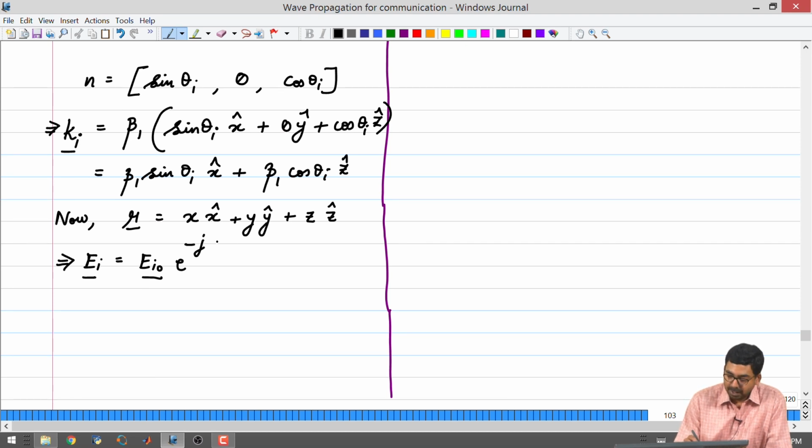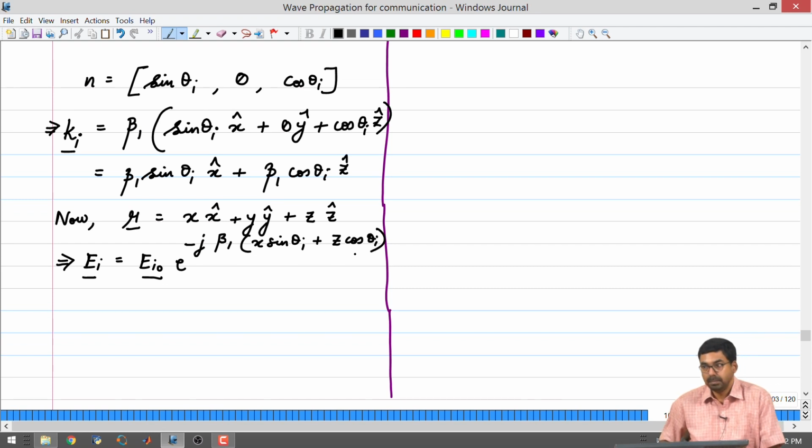So, I am going to take beta 1 x sin theta I, multiplying these two, and then z cos theta I. So, I have written k I, I have written r, I have taken a dot product, that means I have multiplied the x components together, z components together, and y components we have ignored because one of them is 0.